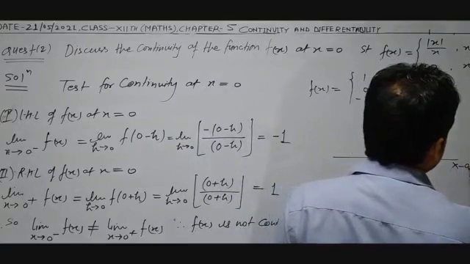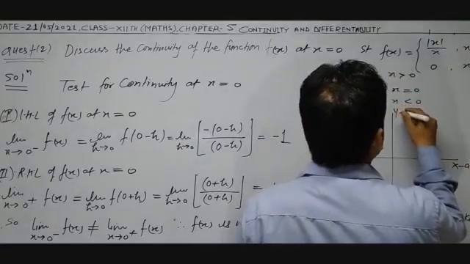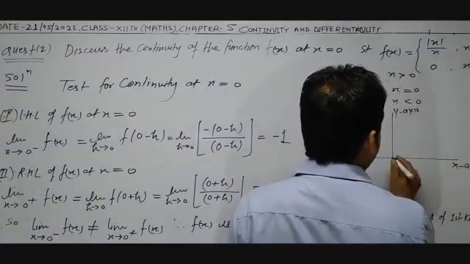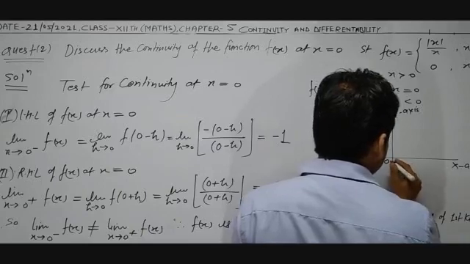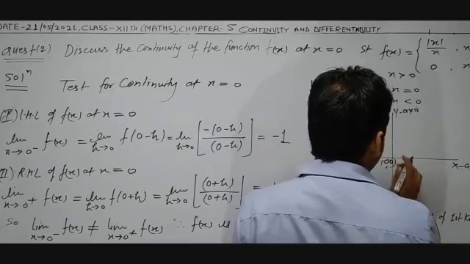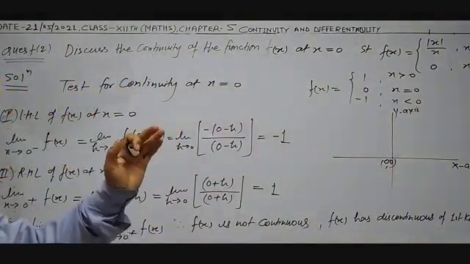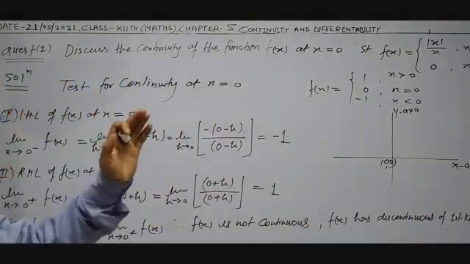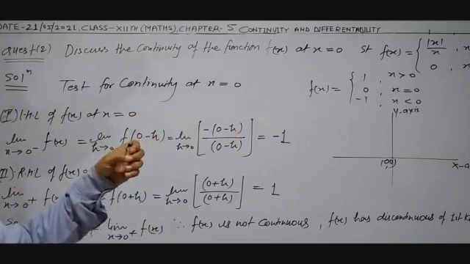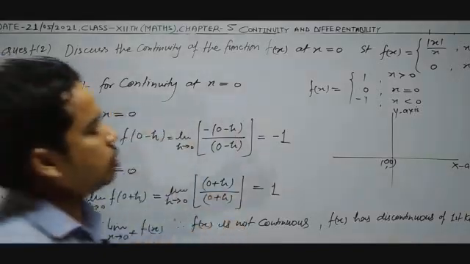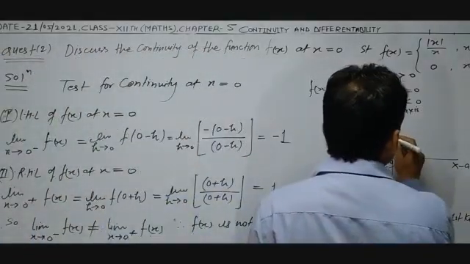So you can draw the graph. This is the x axis, this is the y axis, this is 0. For x greater than 0, the value of y is 1, suppose this is 1.